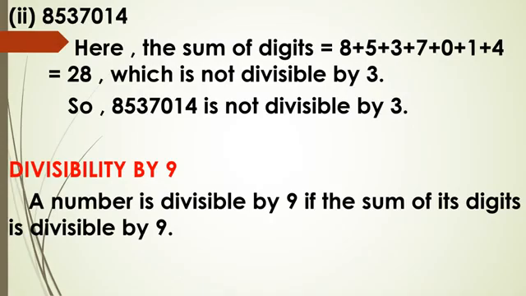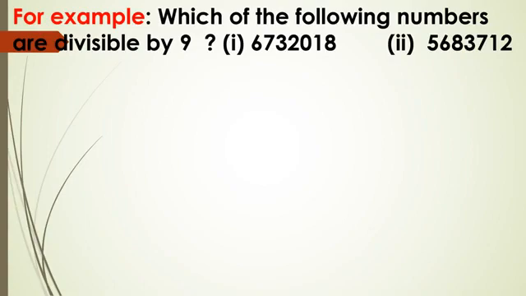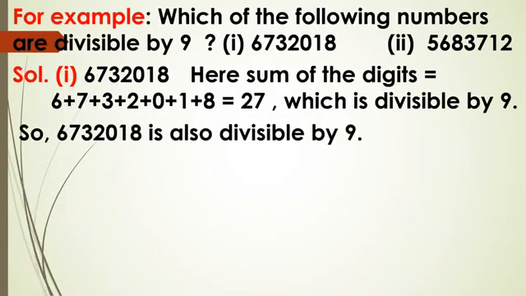See the examples. Which of the following numbers are divisible by 9? First is 67,32,018. What do we have to do first? We have to find out the sum of all its digits.